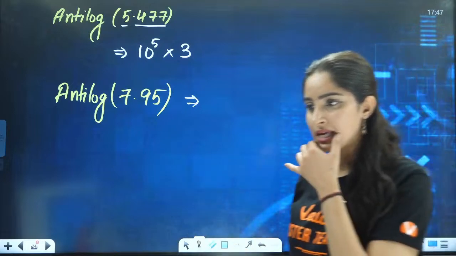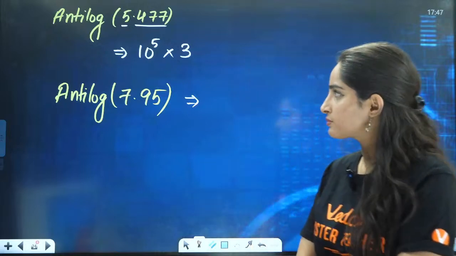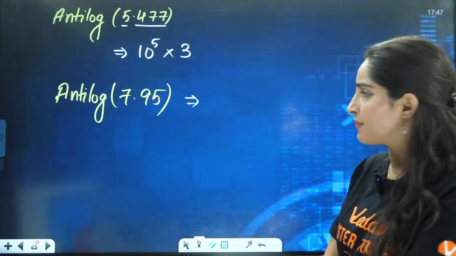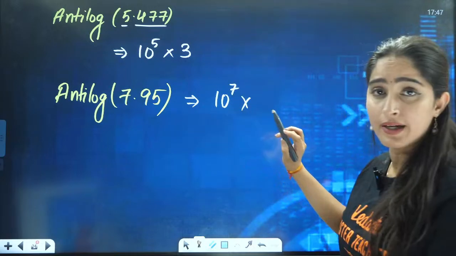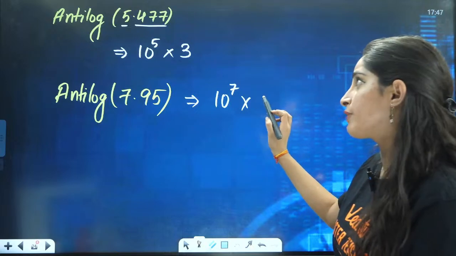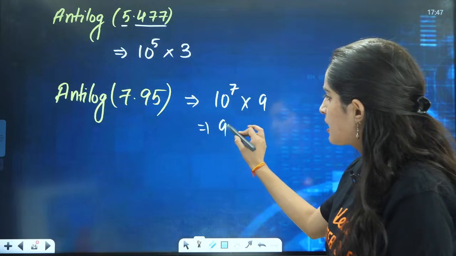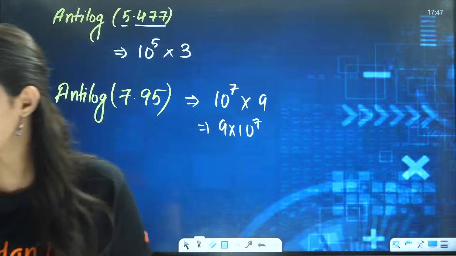Anybody in the chat box? Before the decimal it is 7. After the decimal it is 0.95. So 0.95 is what? That is for log 9. So the answer is 9 into 10 raised to power 7, which becomes your correct answer, right?